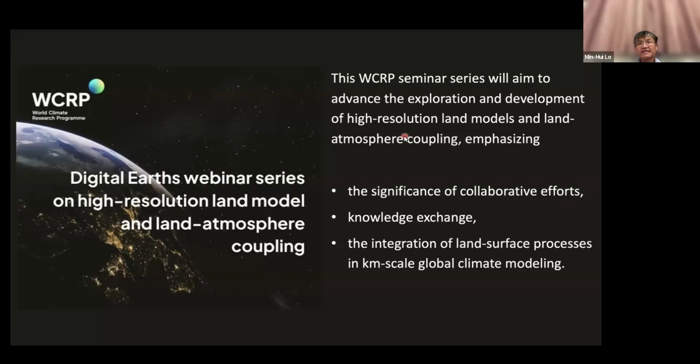This includes model intercomparisons on high resolution land system models, and also knowledge exchange on the most advanced high resolution land models and the new physics that we will share with each other.